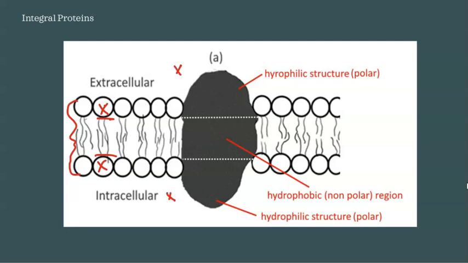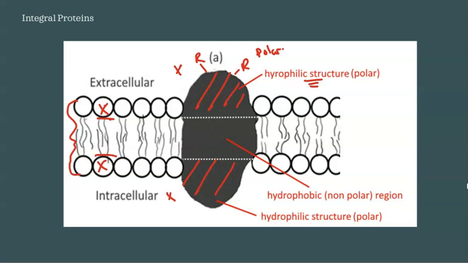Now in order to achieve that, the amino acids that make up this protein in this region here and in this region here, their R groups need to be polar, charged, so that they can merge with the hydrophilic nature of the phosphate heads.